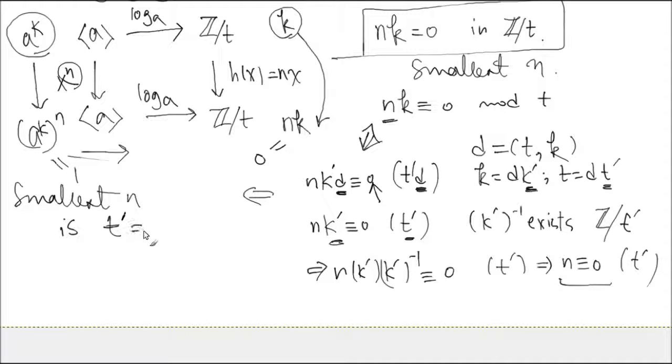So t prime is t divided by what? d, right? What is d? d was the greatest common divisor of t and k, the coefficient part with the modulus. That's how you quickly calculate.